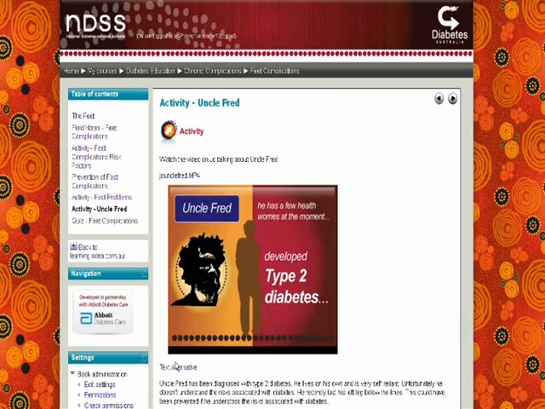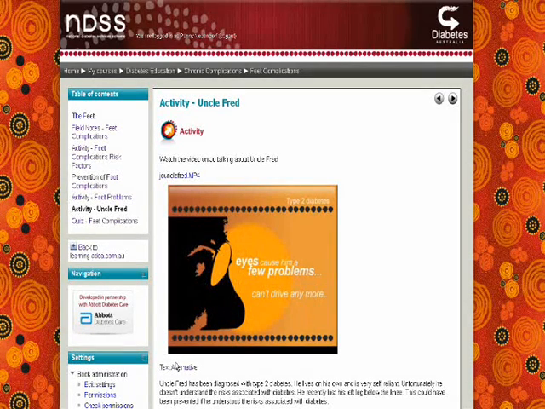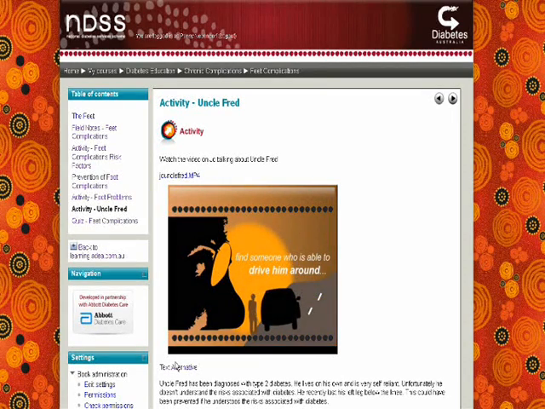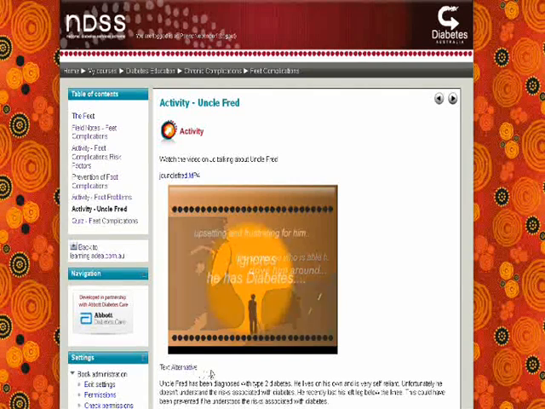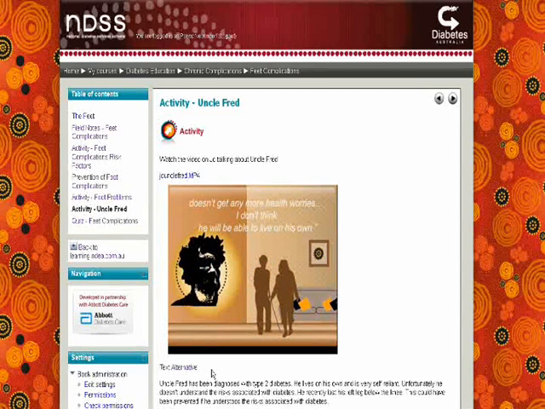He had a big problem with one leg and he had to have it amputated to below the knee because he'd got gangrene. And his eyes cause him a few problems too and he can't drive anymore. He has no problem getting to places as he always seems to find someone who is able to drive him around. But I think it is upsetting and frustrating for him. He tries to ignore the fact he has diabetes. I'm hoping he doesn't get any more health worries as I don't think he will be able to live on his own.